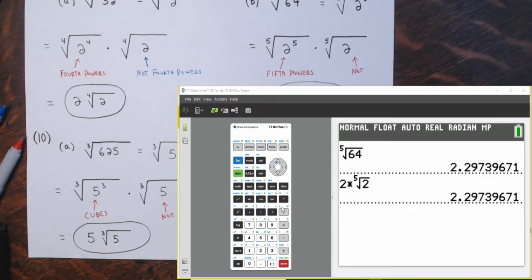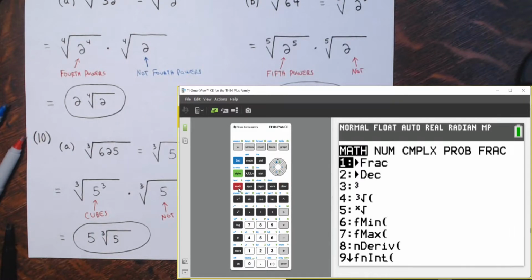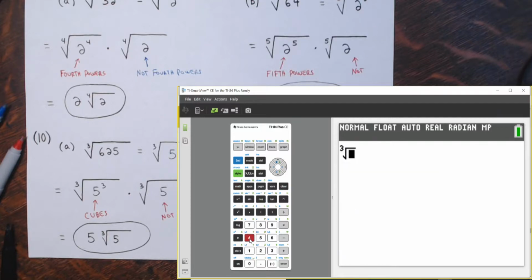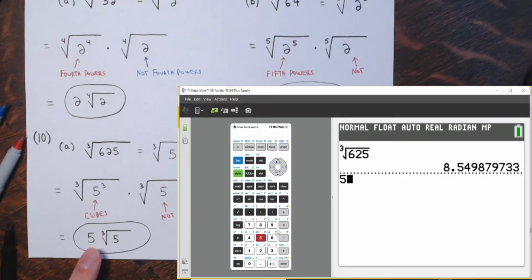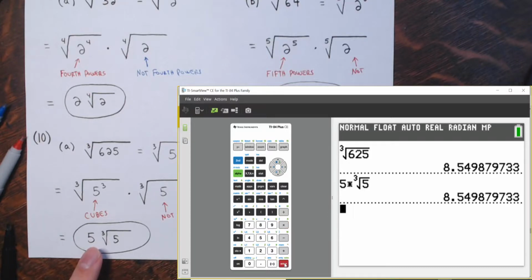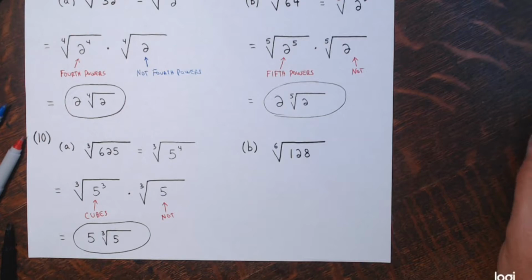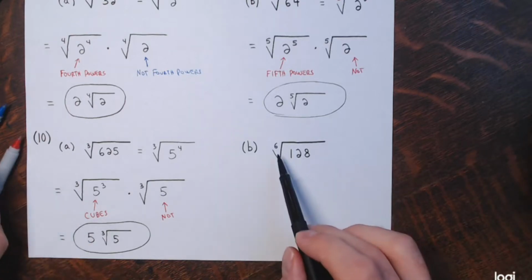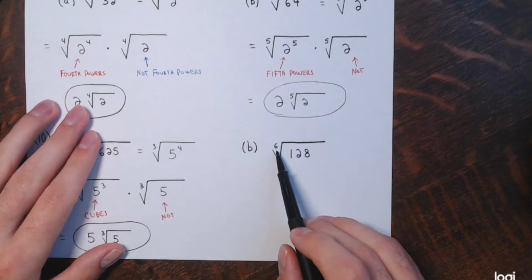So we were given the cube root of 625 to start. 8 point something, and we said at the end there that it's equal to 5 times the cube root of 5, and look, they are the same number. Fantastic. Alright.